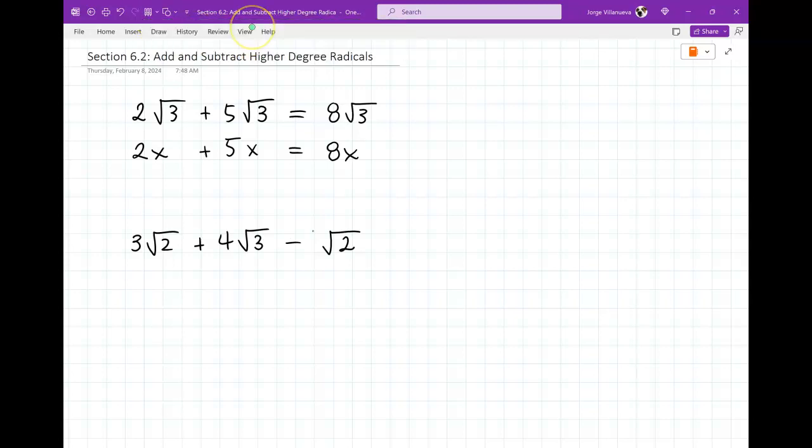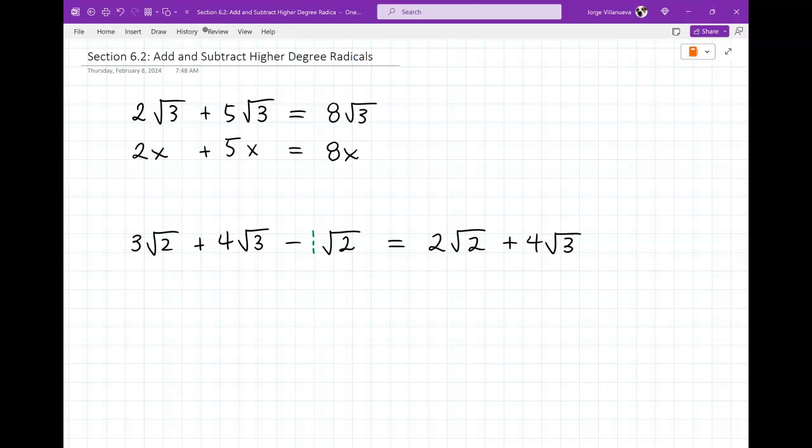I'll put a little phantom 1 there that you don't see. My answer would be, let me write this out, my like radicals are 3 radical 2 and radical 2, so I'm going to subtract them. 3 radical 2 minus 1 radical 2 is 2 radical 2, and then plus 4 radical 3.